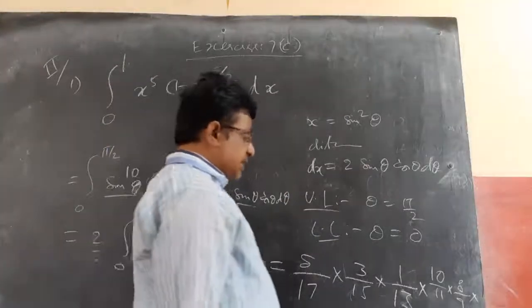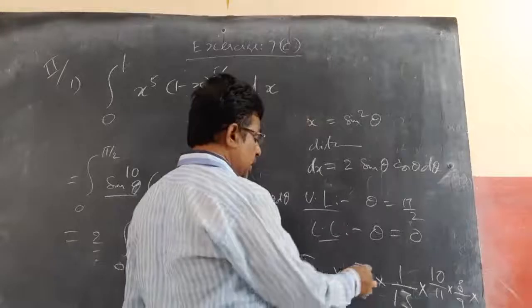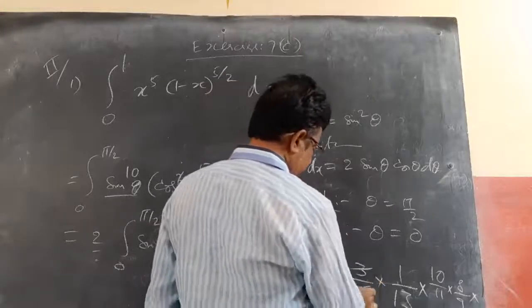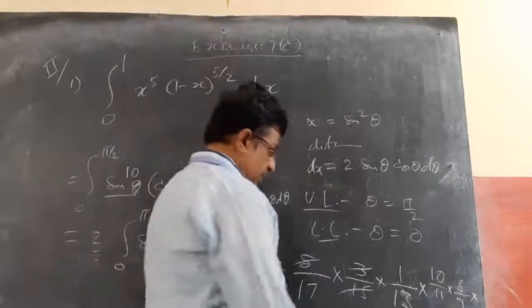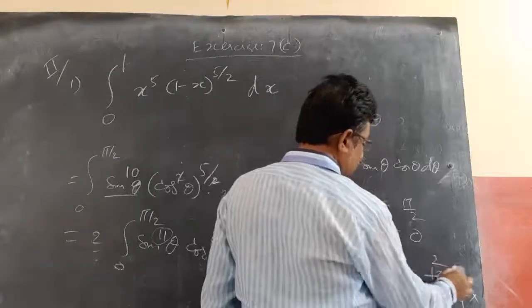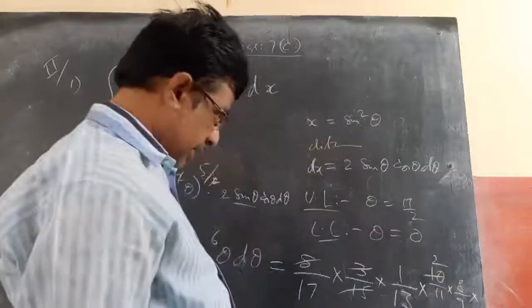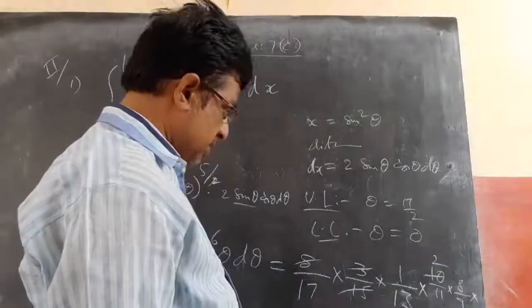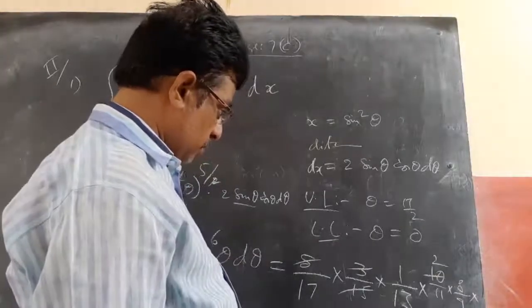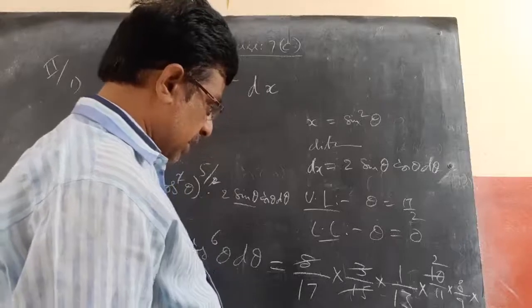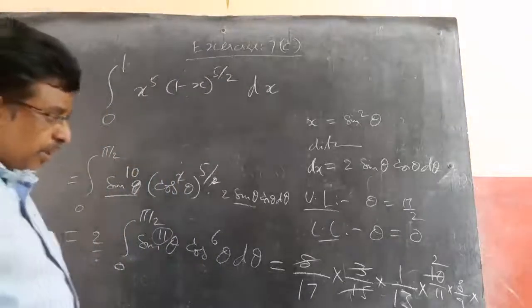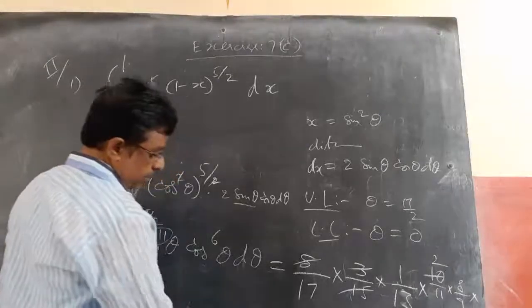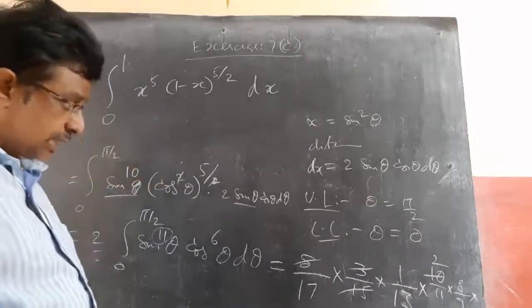Now, if anything gets simplified, you can do that. So 3 into 5, 15 cancels. Any more cancellations? I think no more cancellations. All are even numbers in the numerator and all are odd numbers in the denominator, so no cancellation will go.